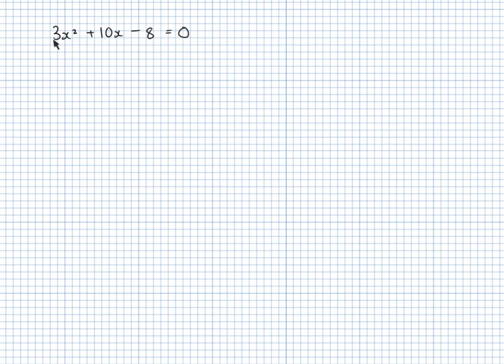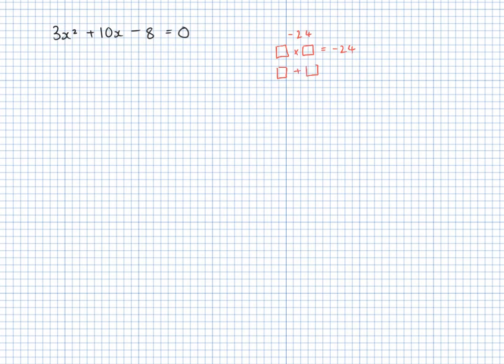Well, this time the coefficient of x squared is not 1, it's 3. So I need to do 3 times -8, and I'll write it on the side. 3 times -8 is -24. And I need two numbers, possibly two different numbers. When I multiply them, I get -24.